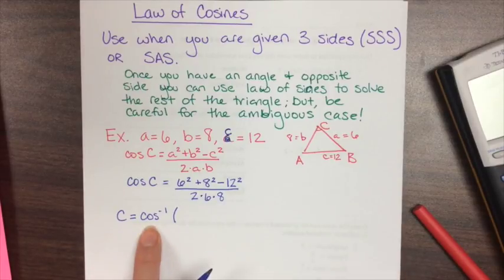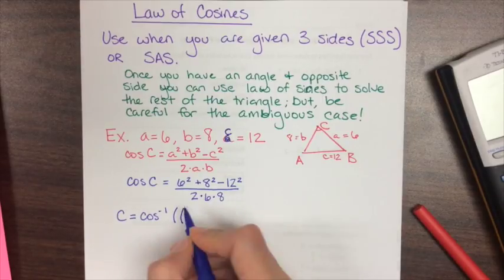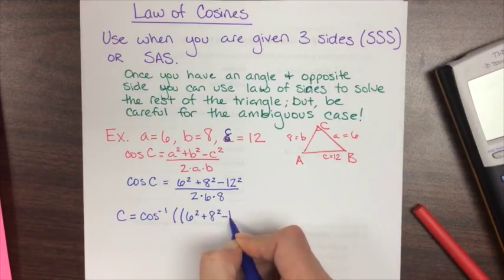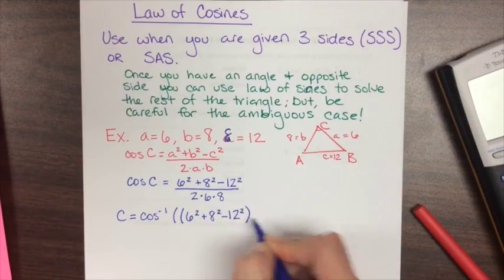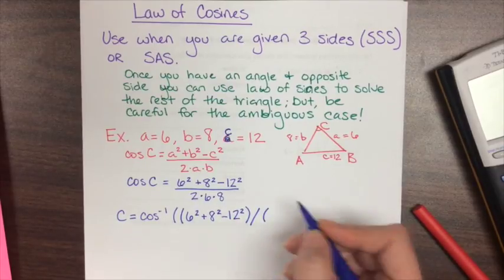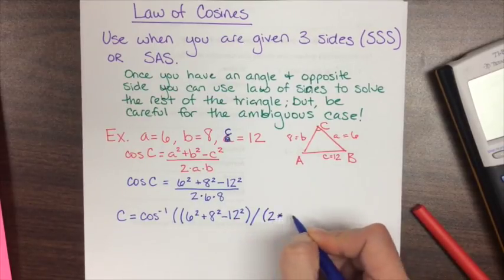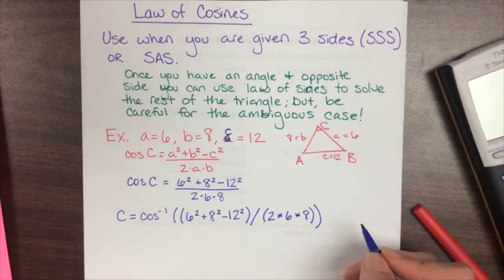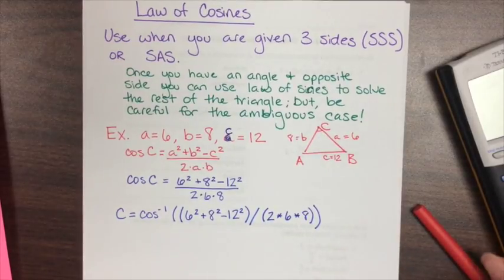When you hit inverse cosine, one parenthesis is going to open. Put your numerator in parentheses and close it. Then divide by your denominator in parentheses, 2 times 6 times 8. Close your denominator, close your inverse. If you do it like that, you'll get it right every time in your calculator.